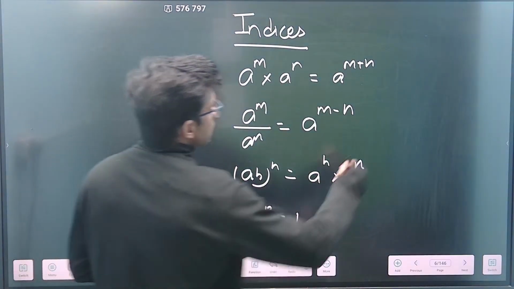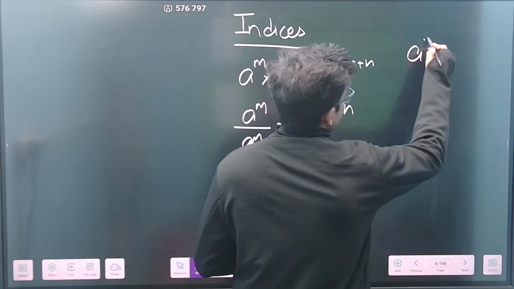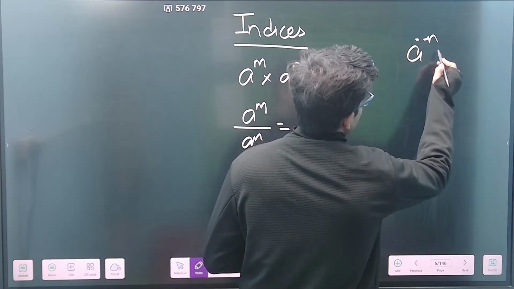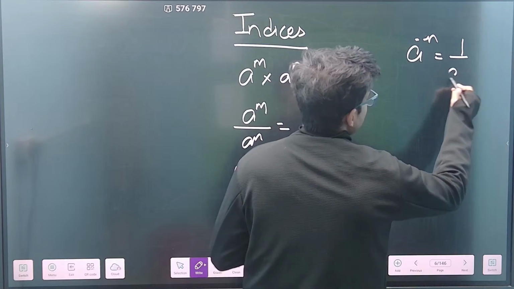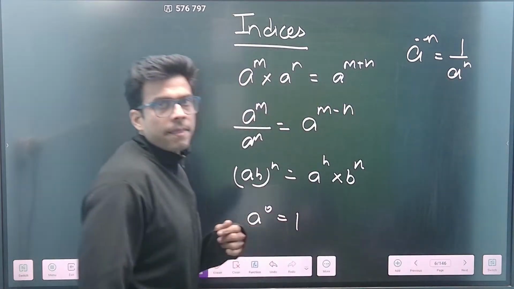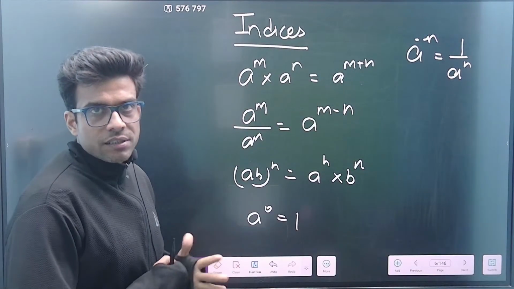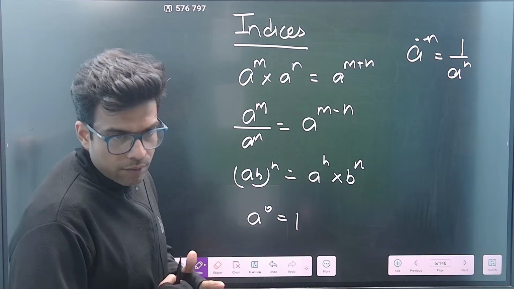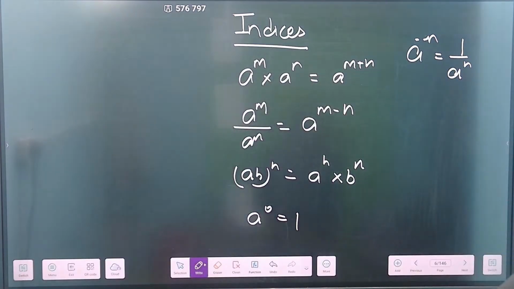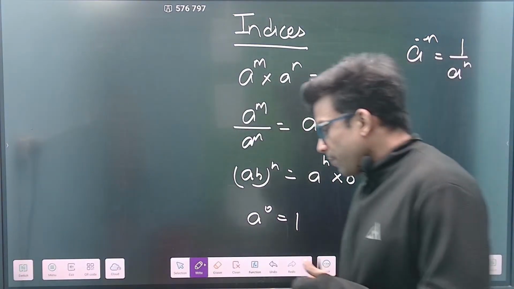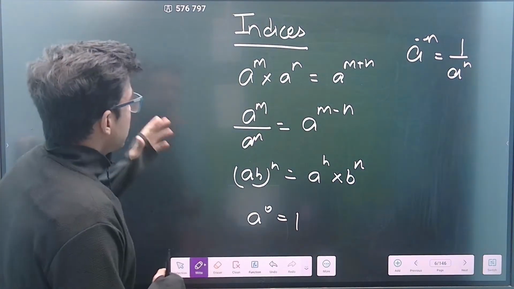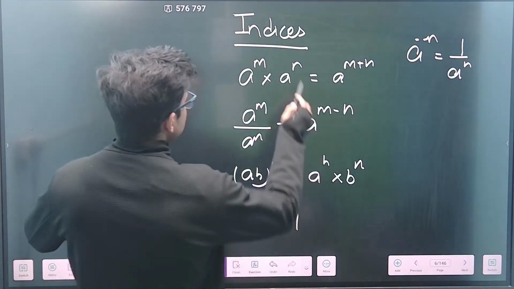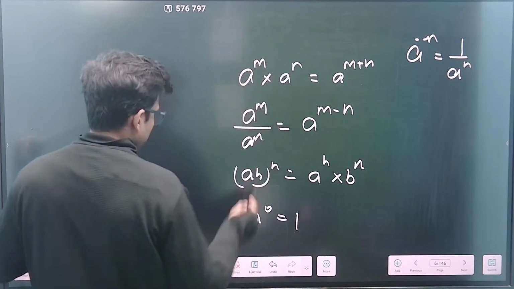Now the second is a to the power minus n. A to the power minus n in positive form becomes, when you do the reverse of it, 1 upon a to the power n. Correct? I hope this is clear to everyone. Clear or not, please say. Is this clear, guys? So see, indices have a different formula and surds have a different formula.